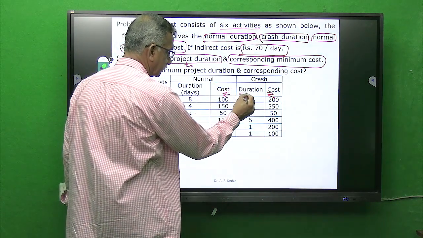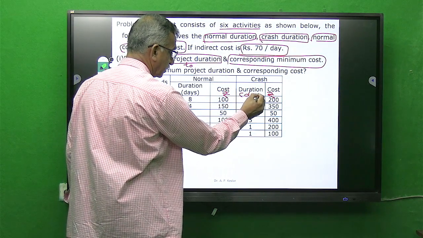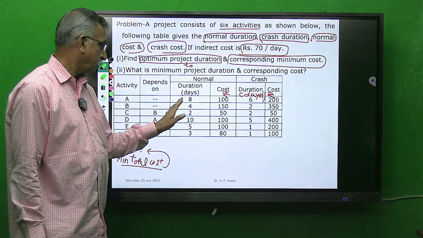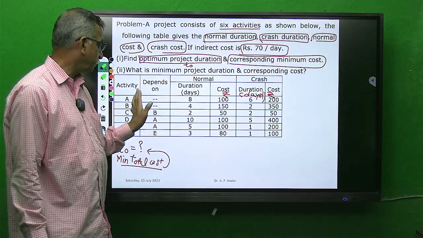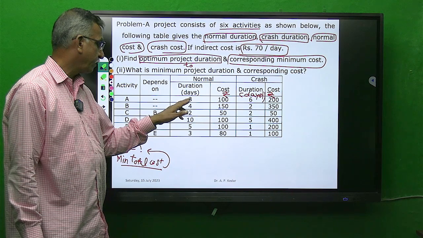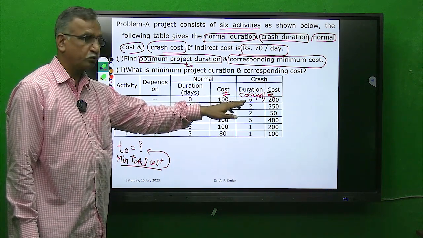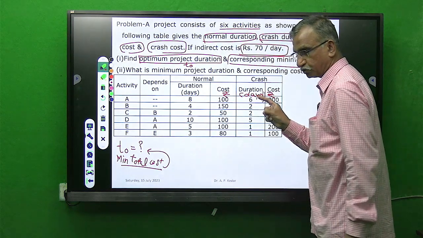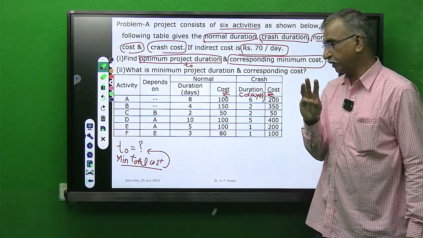Means you can normally do activity A within 8 days. You can finish that activity A in 6 days also, means you can crash it by 2 days.